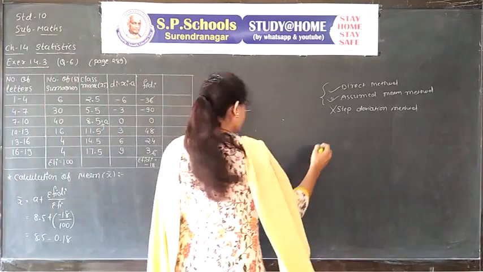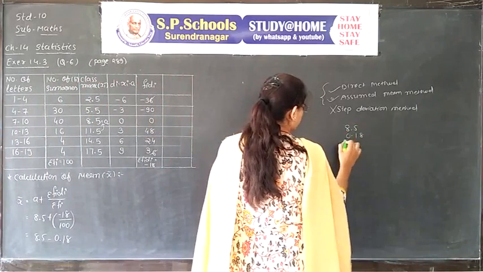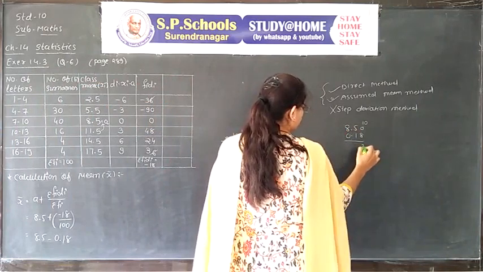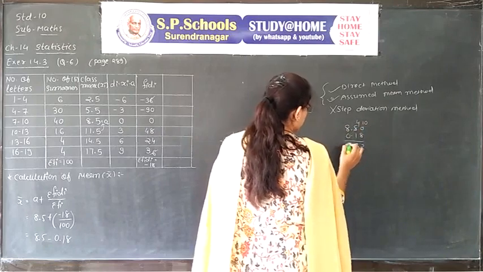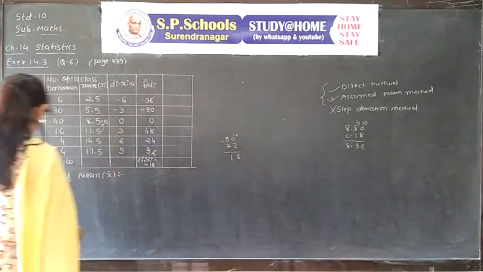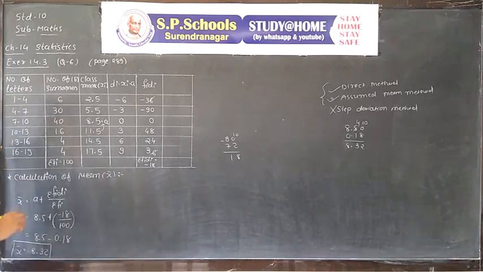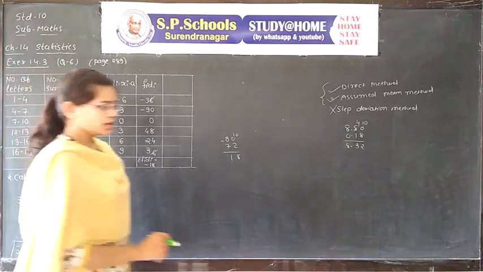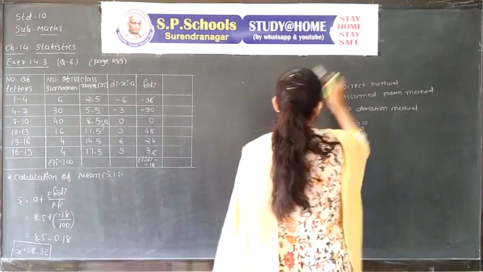Now we subtract 0.18 from 8.5, and here it is 8.32. X bar is equal to 8.32. 8.32 is the mean of the given data. The mean of the given data means the mean of the surnames.